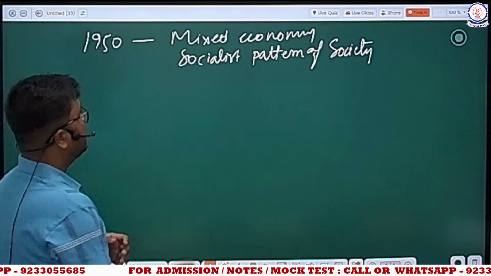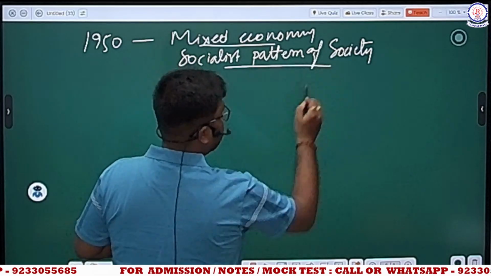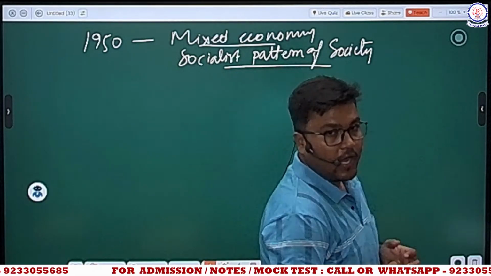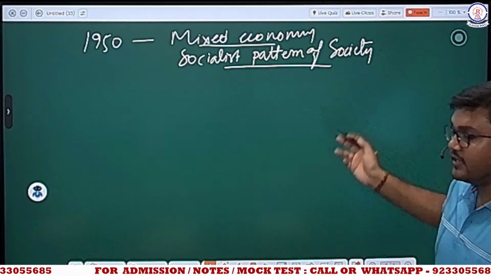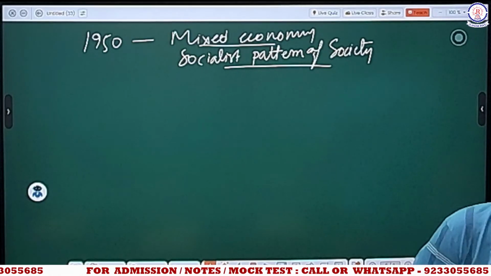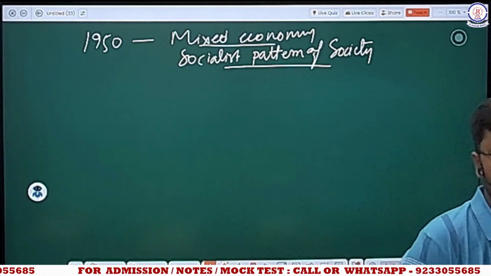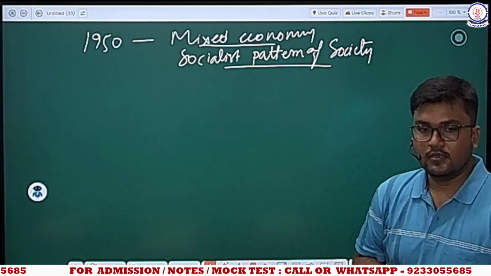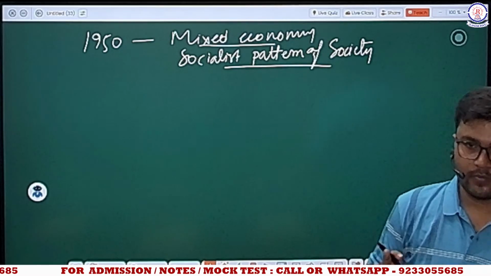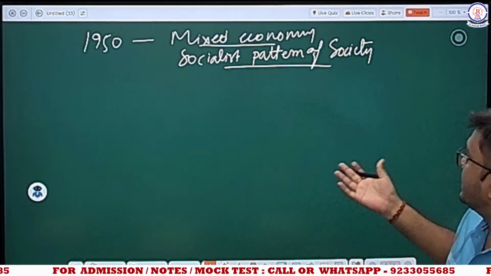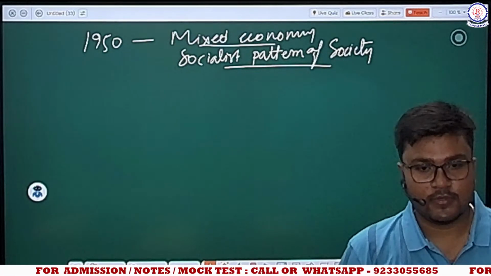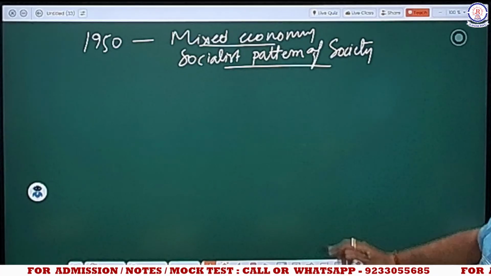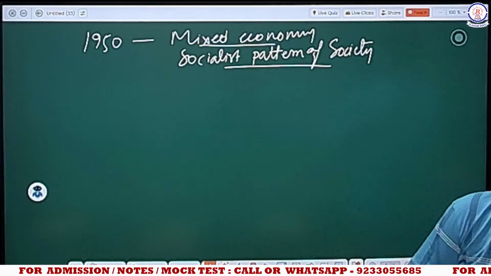I said mixed economy and socialist pattern of society. So how was this mixed economy or socialist pattern of society to be implemented throughout India? I have set a target that India has to be a mixed economy. Now, what things are to be done by the government so that a mixed economy is achieved in India?